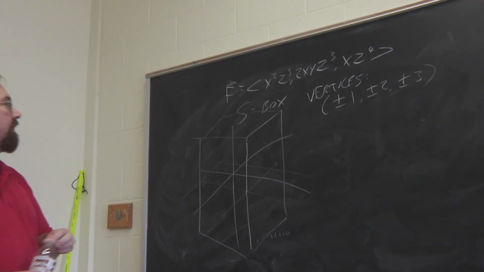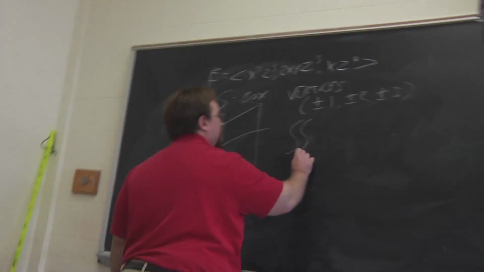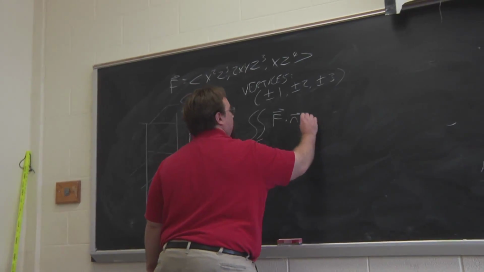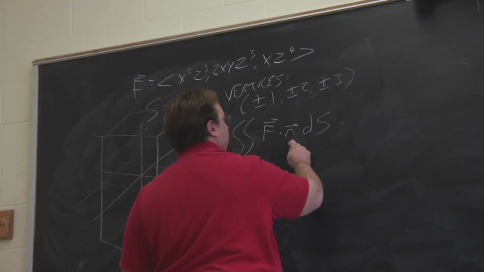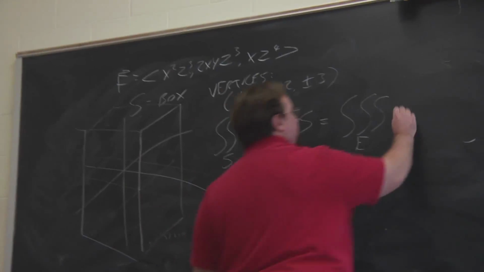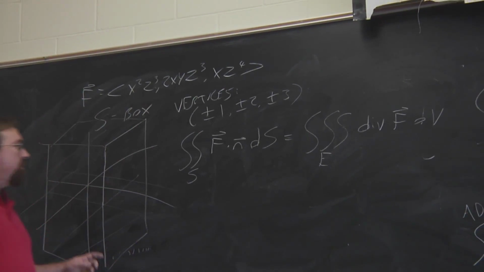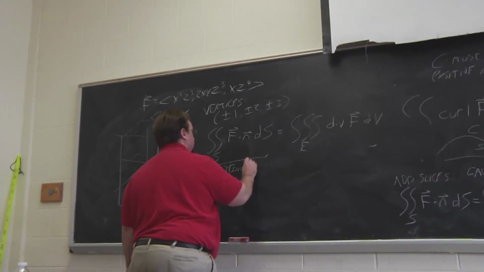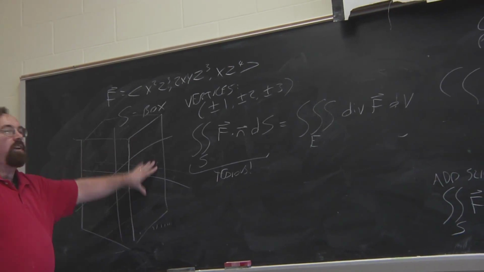Okay, so you want to compute the double integral over the surface of the normal component of a vector field by expressing it as a triple integral over the box of its divergence. Now, computing this directly, you could do that, but it's very tedious because you have to do each of the 6 faces separately.